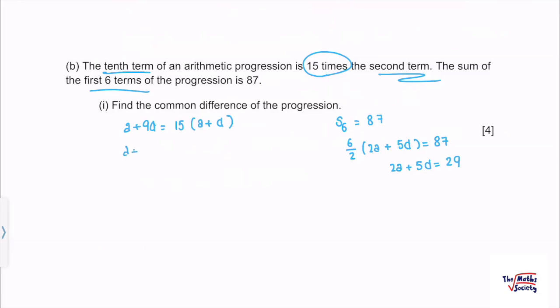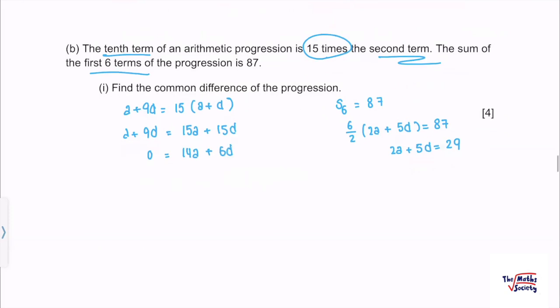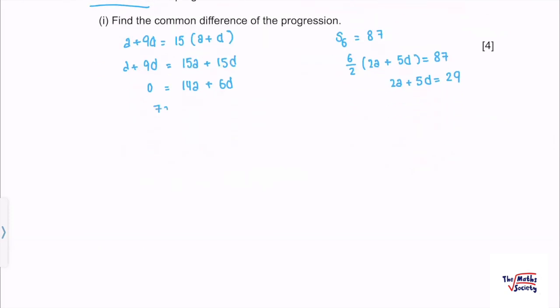So a plus 9d equals 15a plus 15d. So 0 equals 14a plus 6d, so it's 7a plus 3d equals 0.